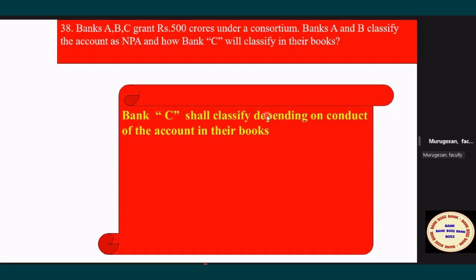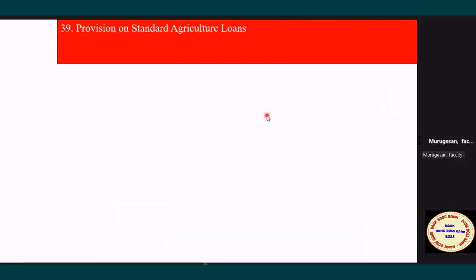So there is no compulsion for the other members. Each member classifies as per their conduct. Bank C classifies depending on conduct in their branch. Just because other banks have classified, they need not fall in line with the consortium. Okay, friends, they may give it in a different way.